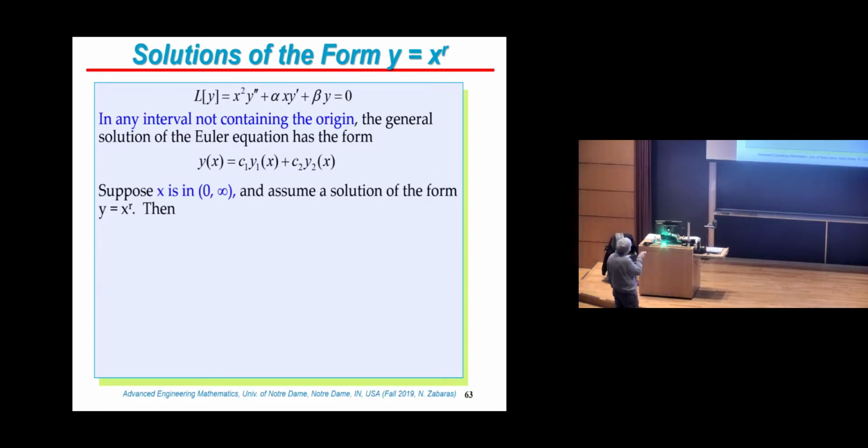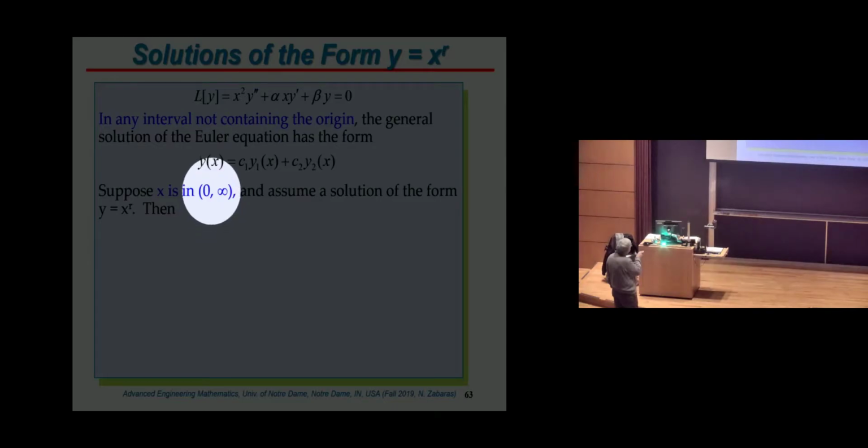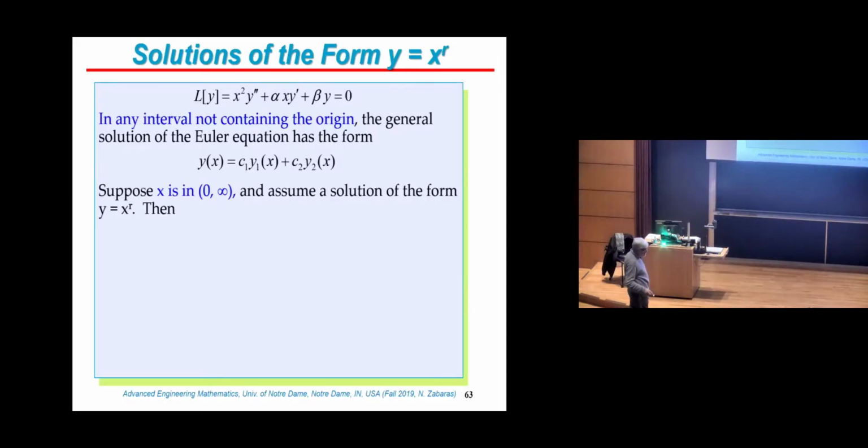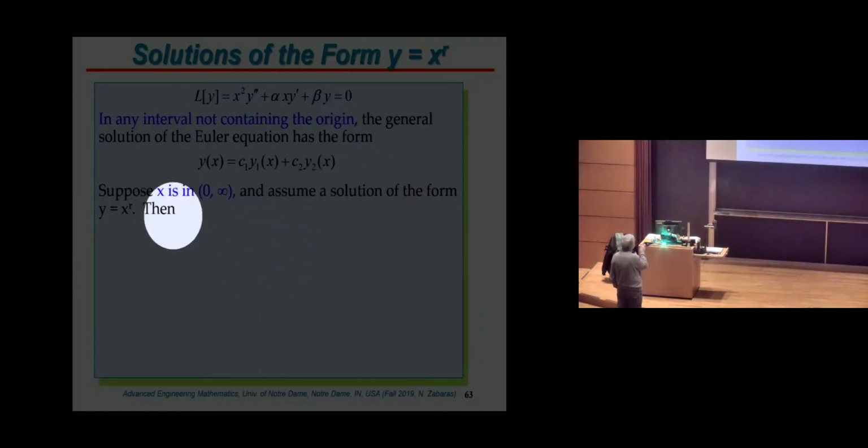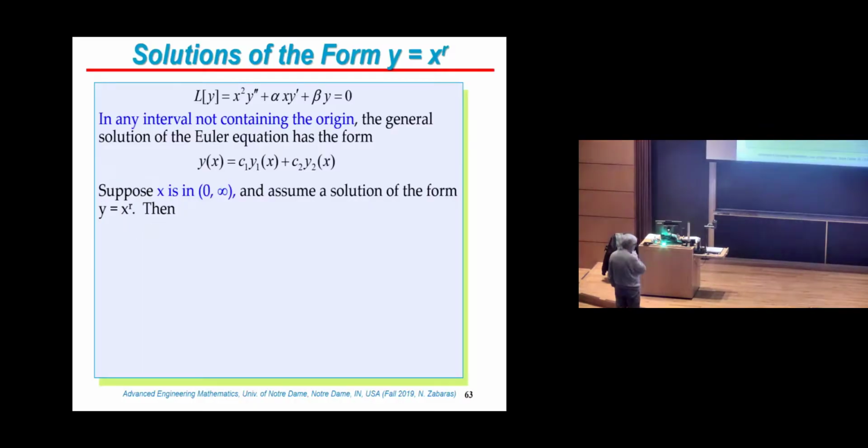If you look at positive x's, the interval of convergence will be from 0 to infinity. So everything except x equal to 0, the solutions will converge. And the solutions have a very simple form, will be x to some power r, where r is to be computed. So no Taylor series expansion, none of the above yet for the Euler equation.